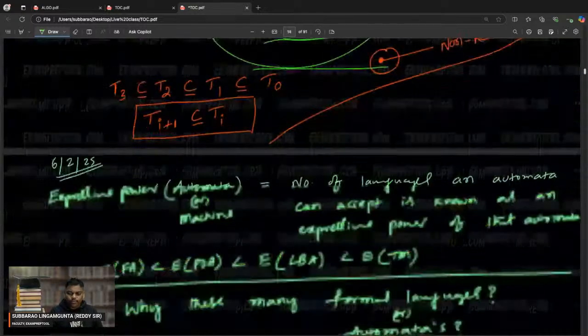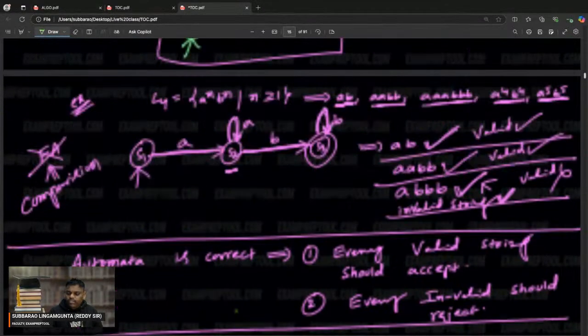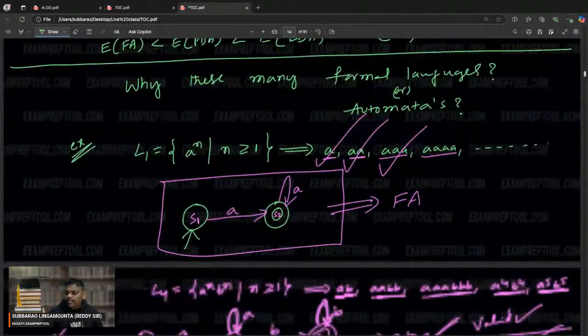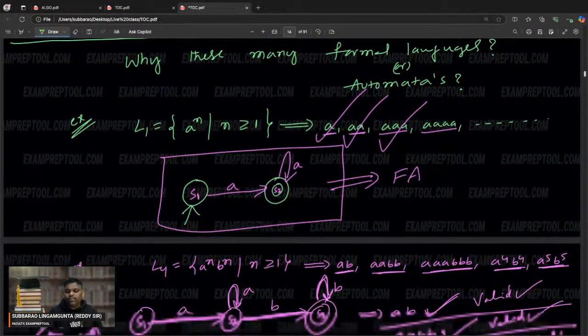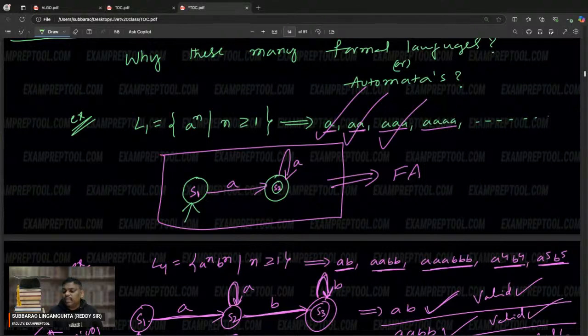After discussion of all the formal languages and automata, the immediate question people will ask me is: sir, why so many formal languages? Why so many automata? Remember, small languages can be accepted by small machines, and big languages will be accepted by bigger machines.